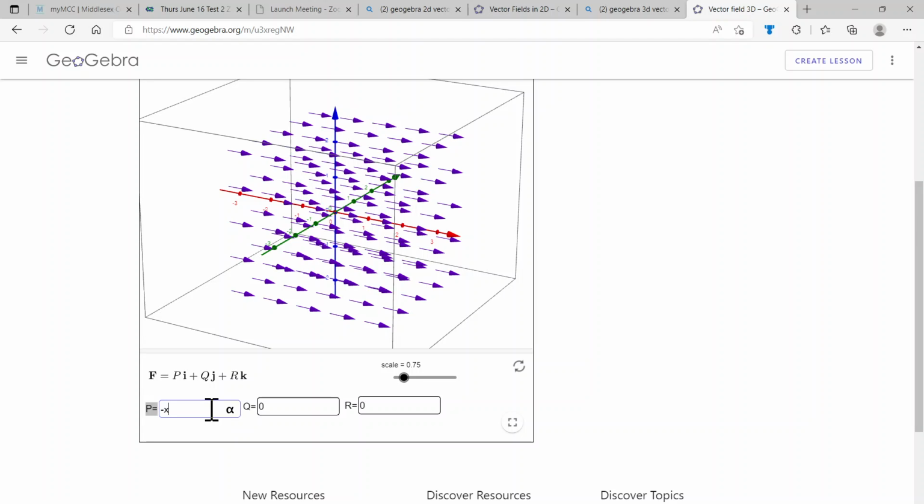So I would put in minus x over, and in the denominator, x squared plus y squared plus z squared, and then that whole thing raised to the 3/2 power.